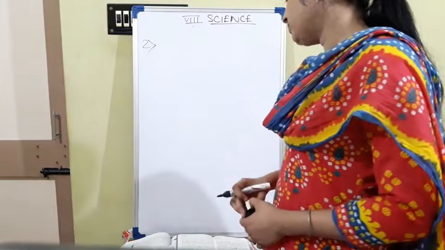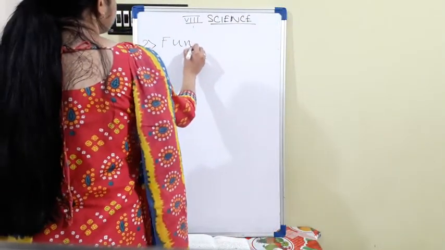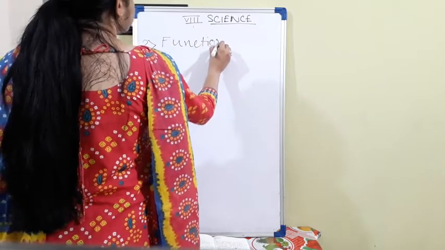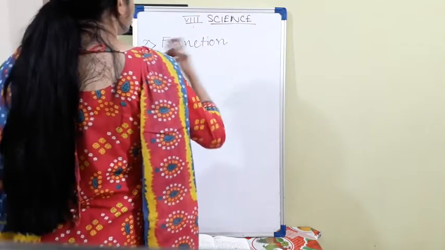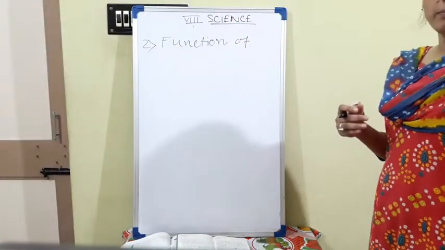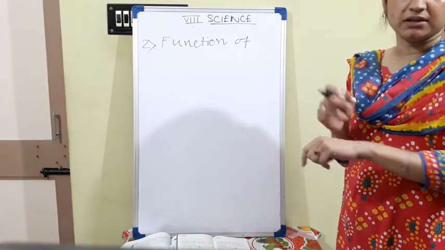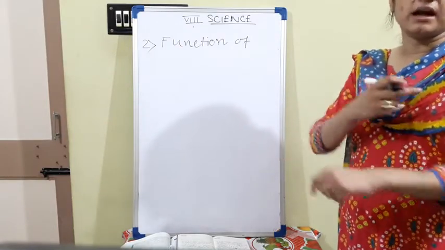The other part is, what is the function of nerve cells? Functions of nerve cells. Obviously, you know that they transfer messages from body to brain and brain to body. They create a coordination with the brain, from brain to different parts of the body. If a mosquito is biting, this message goes through the nerve cells to your brain.